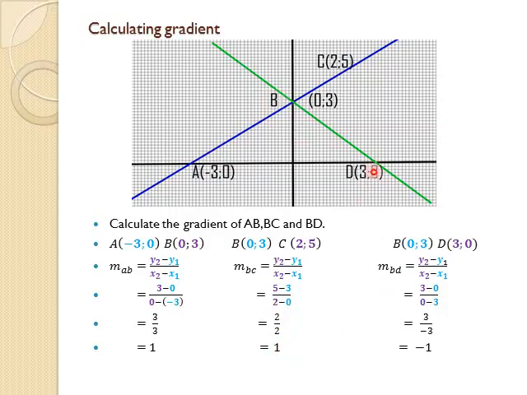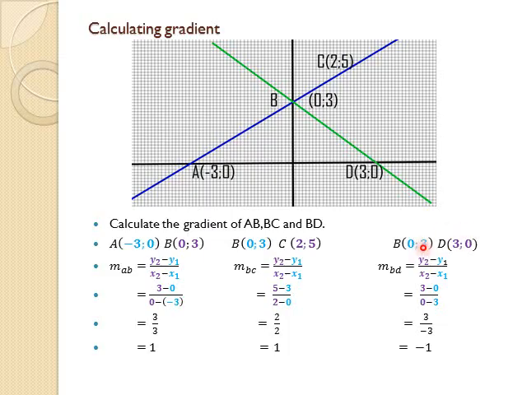Look at the gradient BD. B is (0, 3), that's x1, y1, and D is x2, y2. So for y2 there, it should read 0 minus 3. I wrote them back to front. So now I've written this as y2, and that is y1.